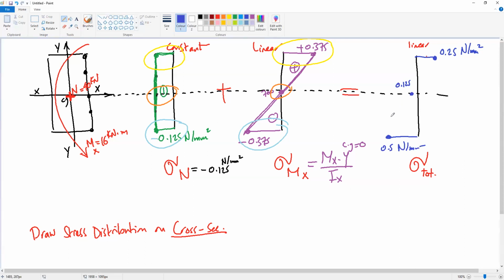If we connect these 3 points together, the value on the top part is positive, the value on the bottom part is negative. So this is the stress distribution on the cross section.